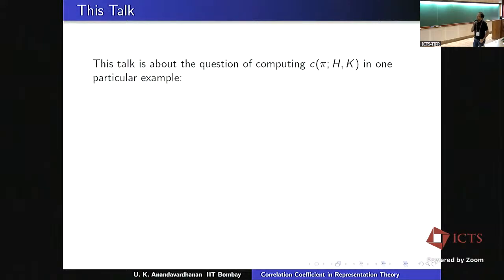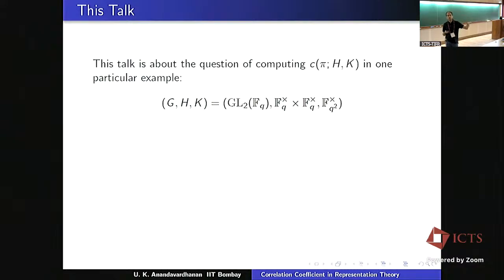And what is this talk about? So we are going to compute the correlation coefficient. We are trying to compute the correlation coefficient in one particular example. And the example is you take a finite field F_q, and consider GL2 of F_q as your big group. And you need two subgroups. And these are two tori.